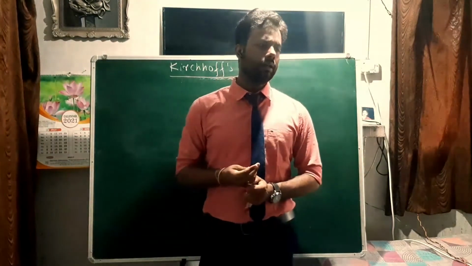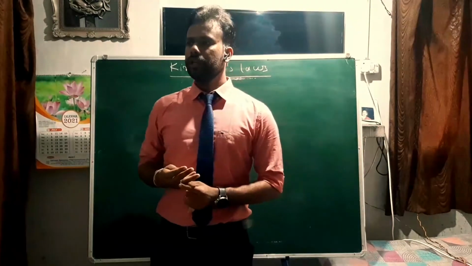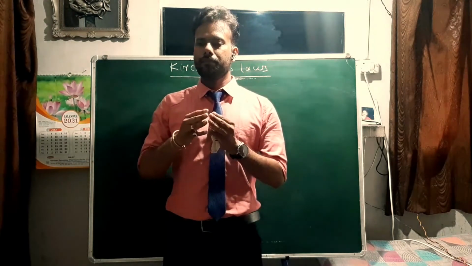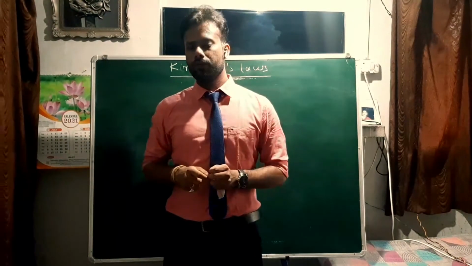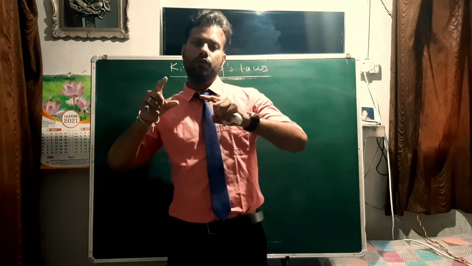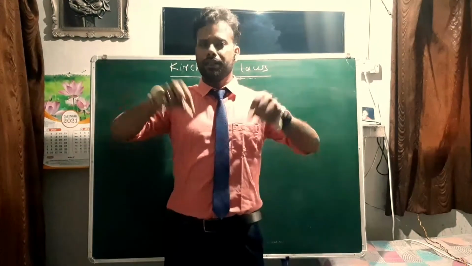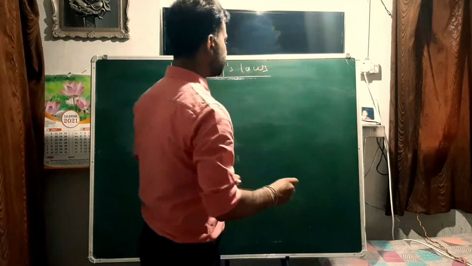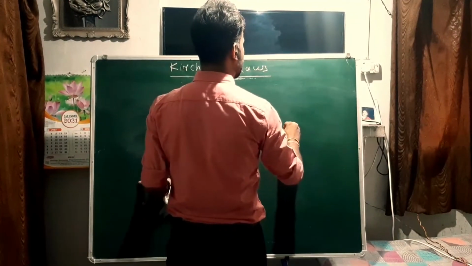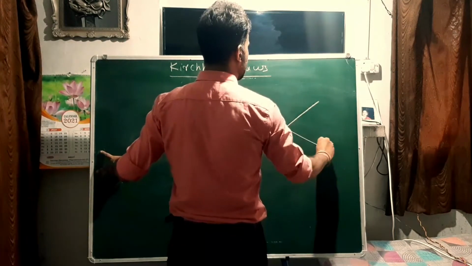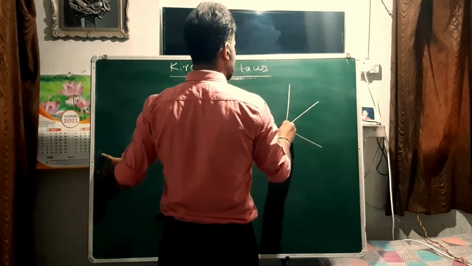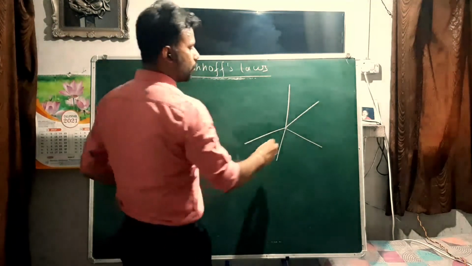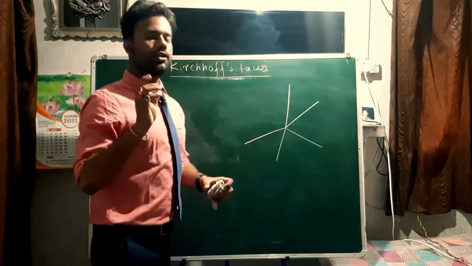Junction is basically, in terms of a station, a place from which so many paths are connected, right? Trains are going to Lucknow, they are going to Varanasi also, there are so many paths connected to it. Similarly, in the electrical junction at a point, there are so many branches connected, like this is branch 1, 2, 3, 4 and 5, right? So this point, let's say this O point, is known as the junction.